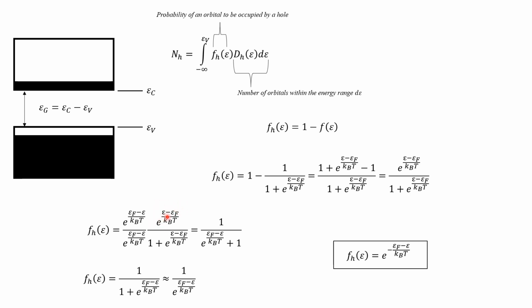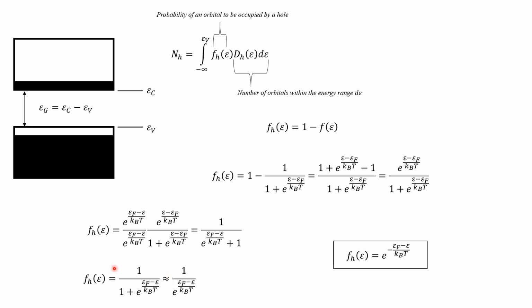So here we have energy minus the Fermi level, and here we have Fermi level minus the energy. So this exponential times this must be 1. This exponential times 1 is the exponential. This exponential times this must be 1. So we have this expression for the probability of an orbital to be occupied by a hole.